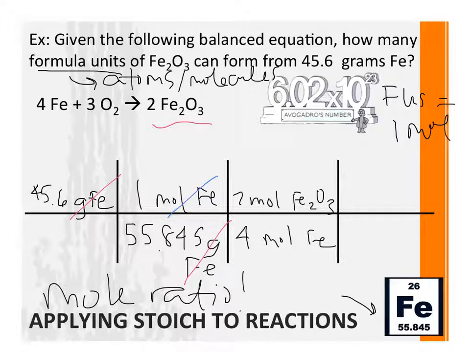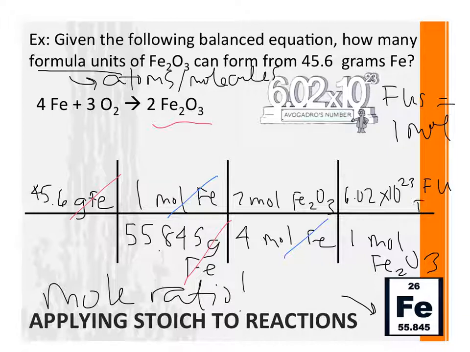So now moles of iron cancels out, and using Avogadro's number, 1 mole of iron(III) oxide is equal to 6.02 times 10 to the 23rd formula units of iron(III) oxide.